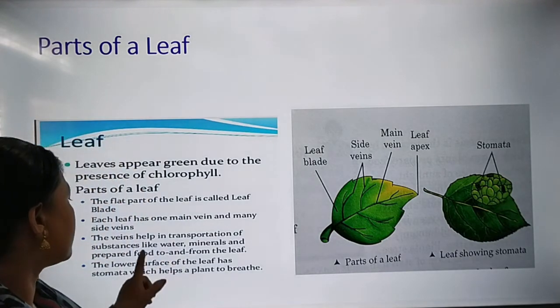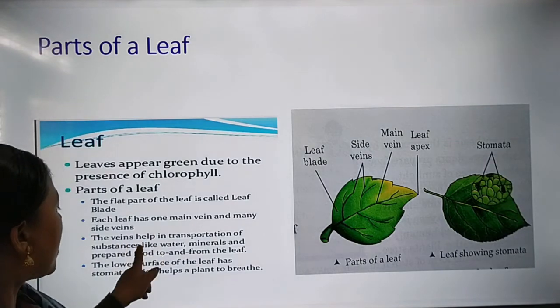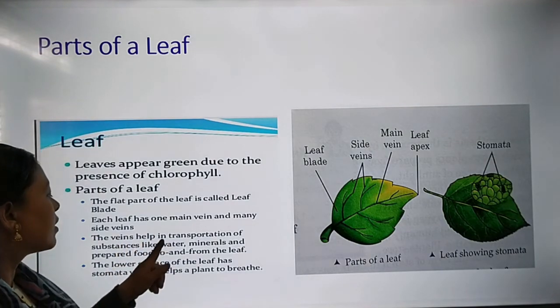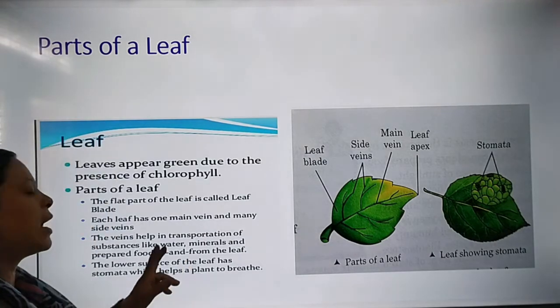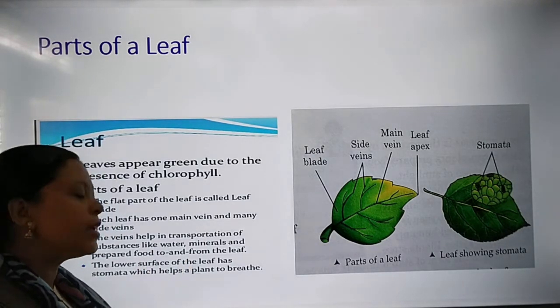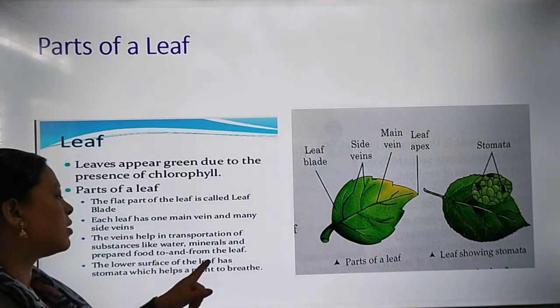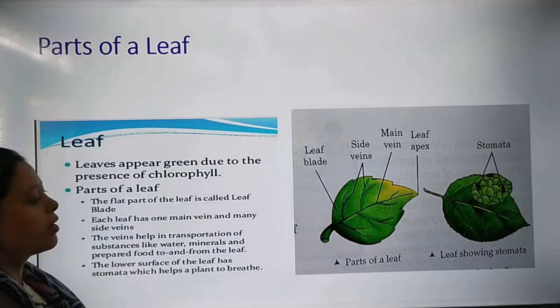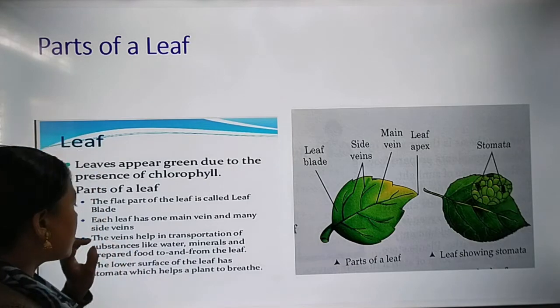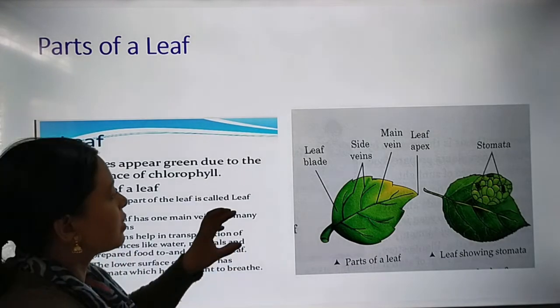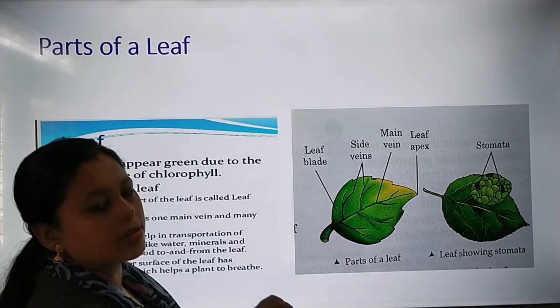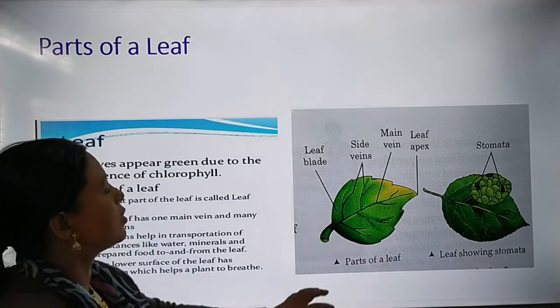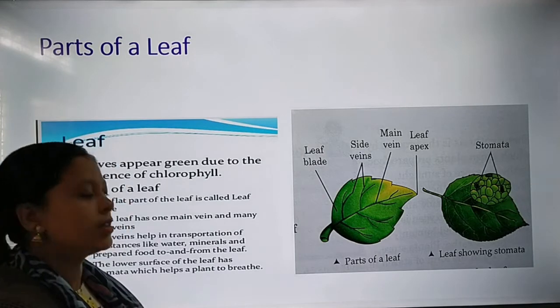First of all, let us study how veins help in transporting minerals and water. That means water, minerals and food. The main vein and side veins carry these substances for the whole plant.